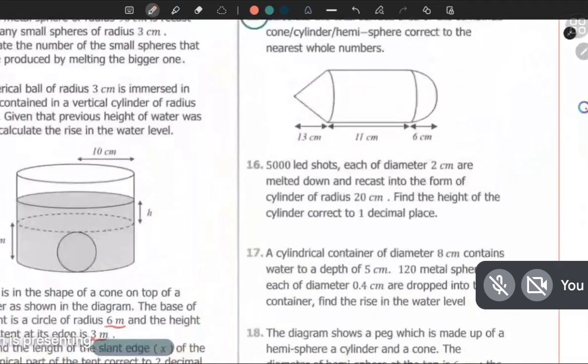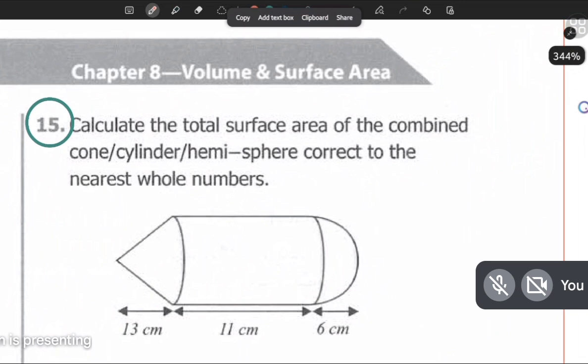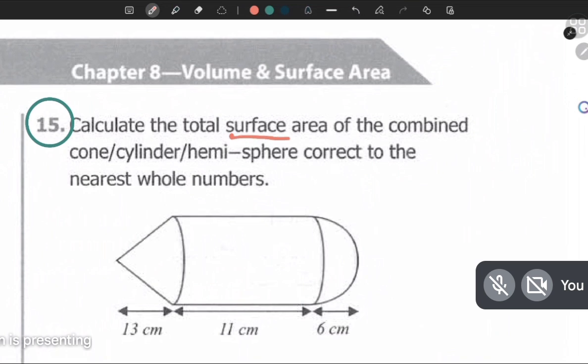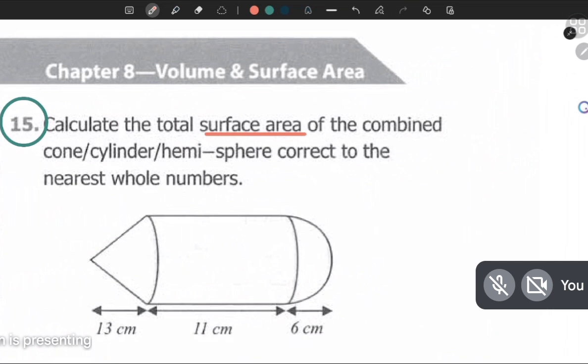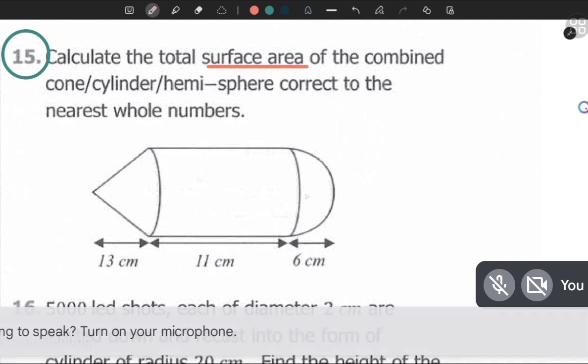Okay, so let's look at this question now. Now that you know how to do this, can you try to do this on your own? It's saying surface area. I'll give you a hint.